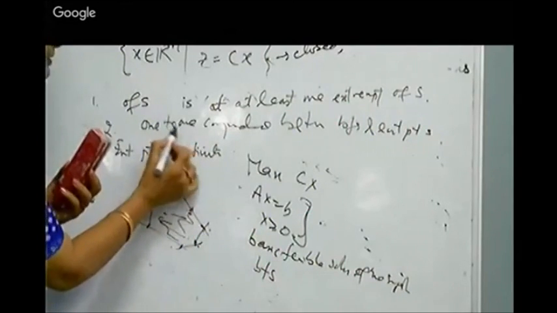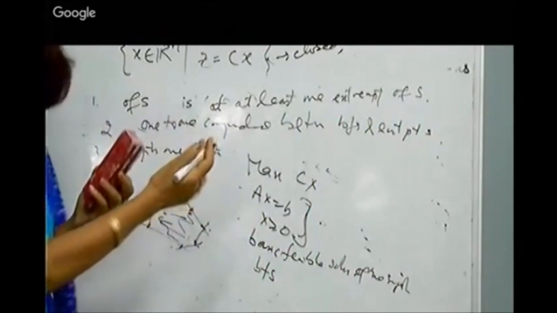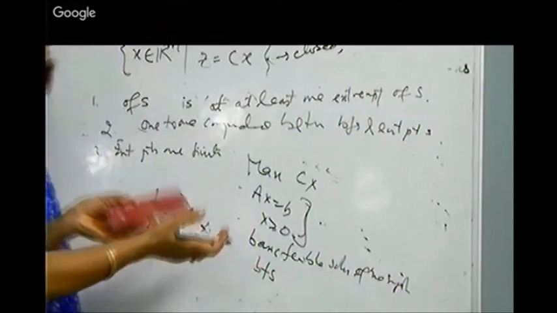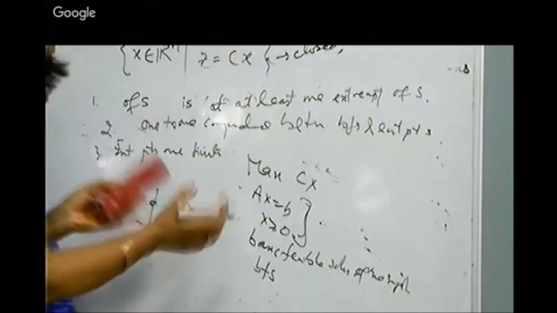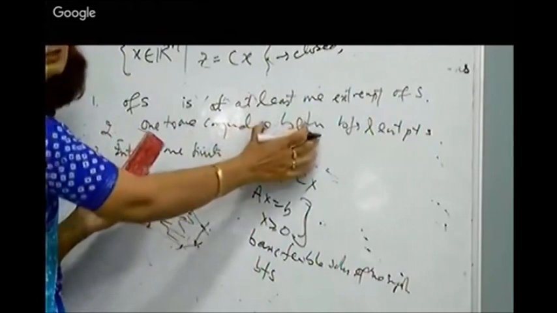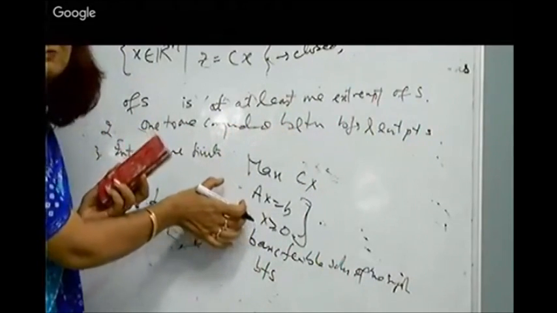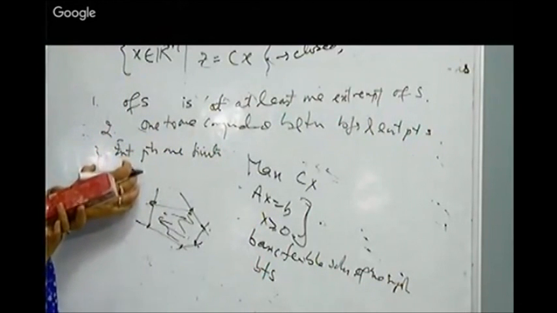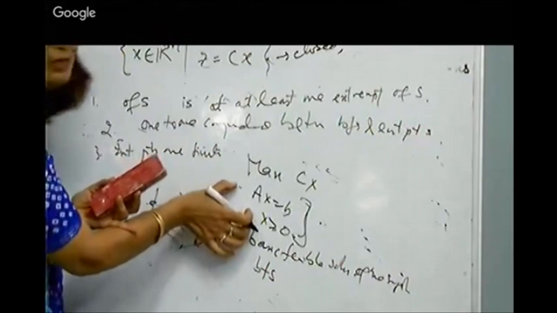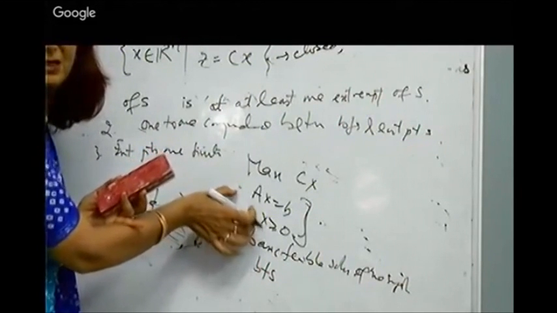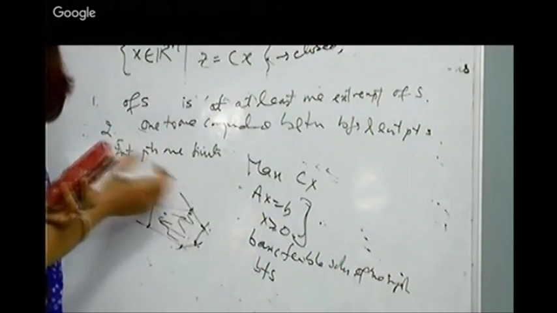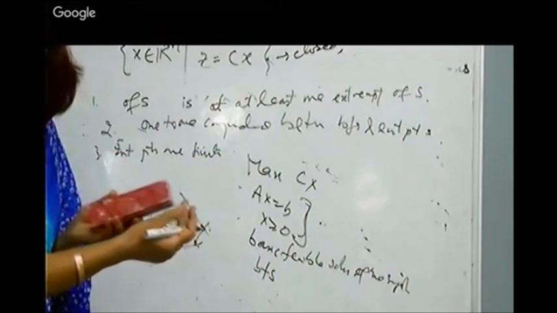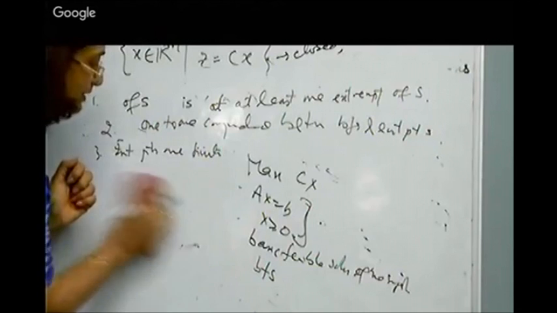What we'll do is, we are assuming this is R, but we ought to know what is a BFS. Given a system, how do we find a BFS? How do we define a BFS? Then knowing that there is one-to-one correspondence, if we can justify that number of BFS is finite, we'll immediately tell you that the number of extreme points is finite. So moving from one BFS to the other BFS here means you are moving from one extreme point to the next extreme point. So you're just hunting the extreme points. So how do we define a BFS?